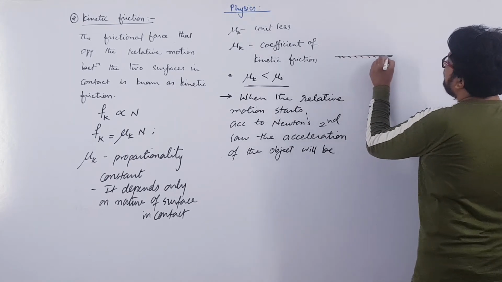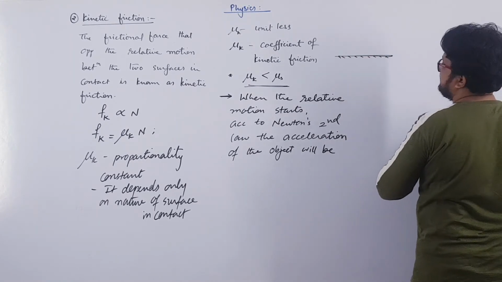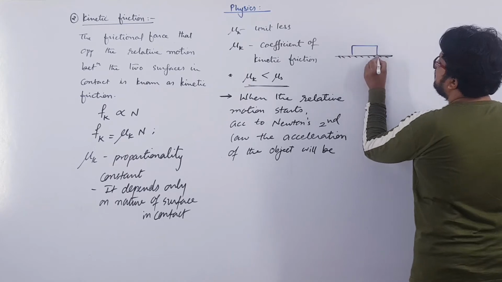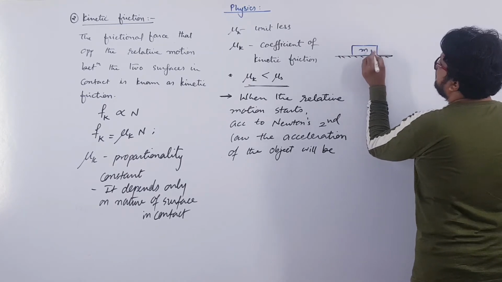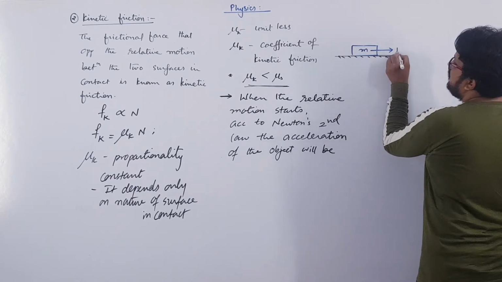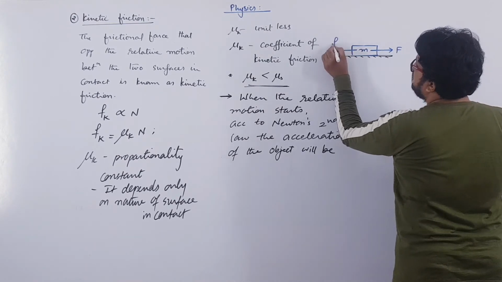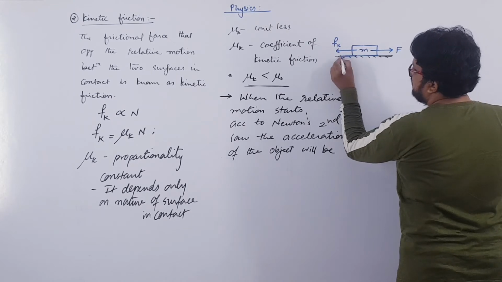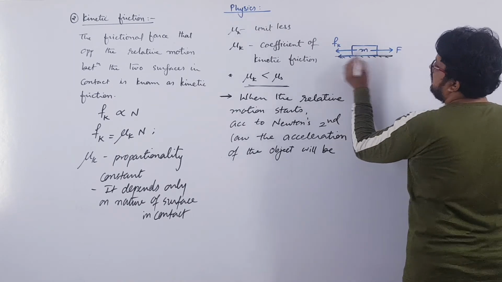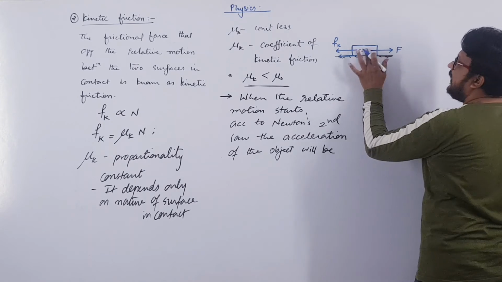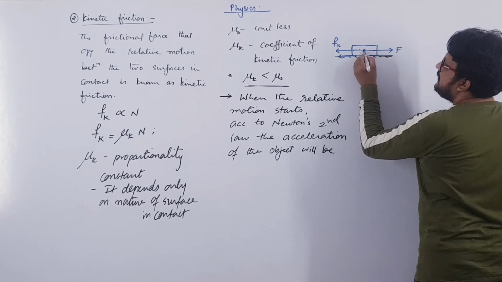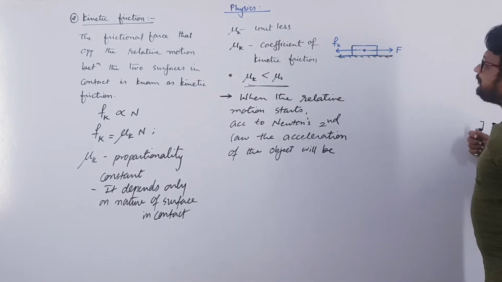On this surface we have kept an object of mass m. Let us say this is that object of mass m. Here you are applying an external force F, right? And in this direction kinetic frictional force will act. Remember, it is always acting along the surface. Here it should be, but in order to compare, we are drawing that at a common point, that is at the center of the body.